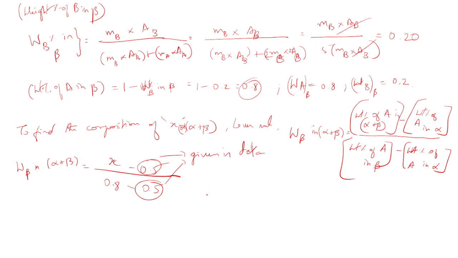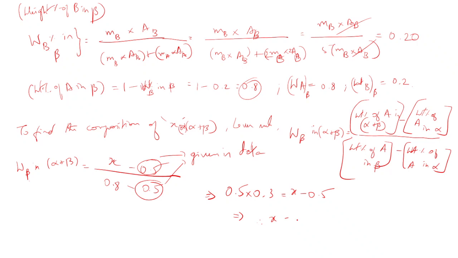So we already know that the weight fraction of beta in alpha plus beta, equal composition, is 0.5, and when we subtract these two, we get 0.3, which is equal to x minus 0.5.